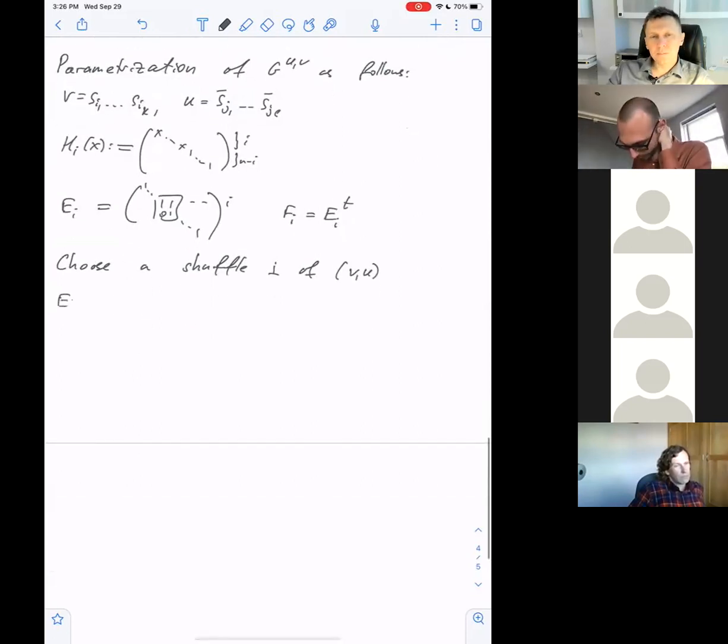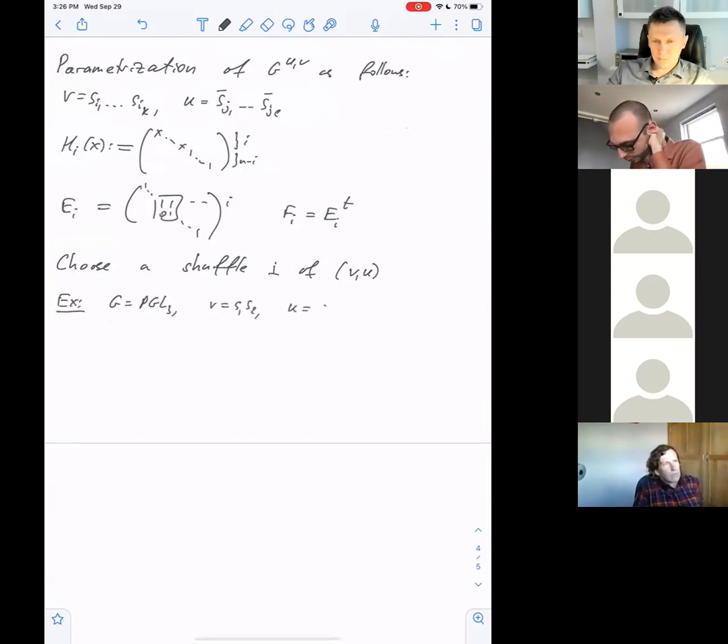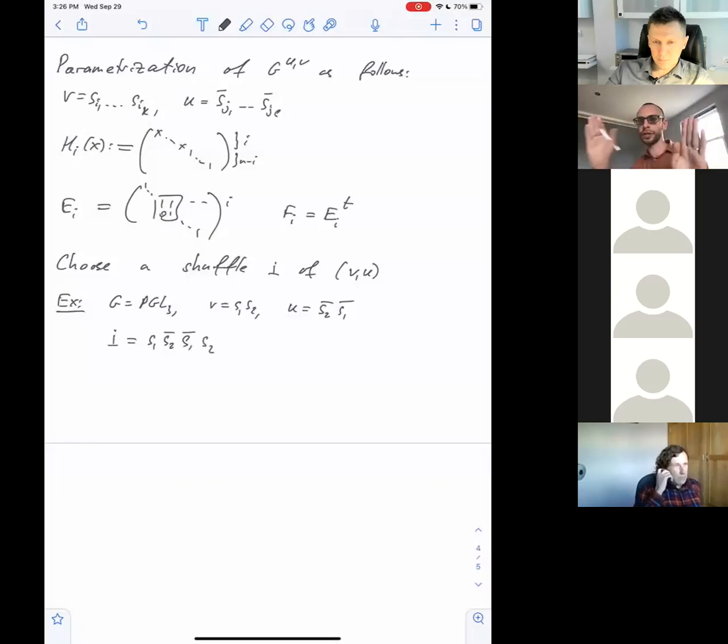Say the group is PGL_3, say v is s_1 s_2 and u is s_2 bar, s_1 bar. Then I can choose a shuffle i to be s_1, s_2 bar, s_1 bar, s_2. So I cannot change the order of letters in u and v, but I can shuffle one word through the other.